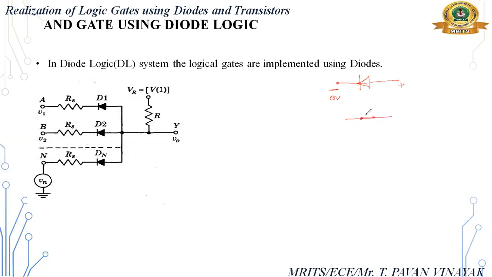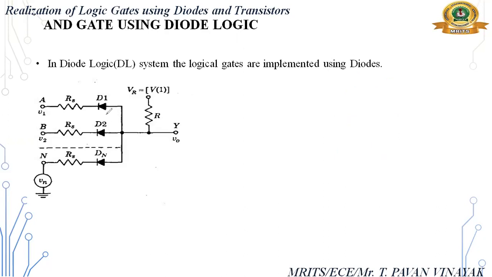Whenever I give 5 volts at the cathode side, it will be open. Means it is on, it is off.